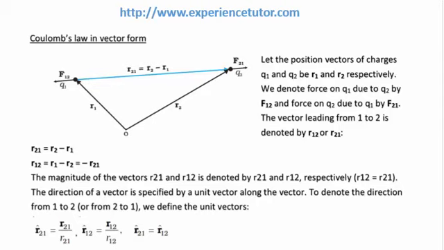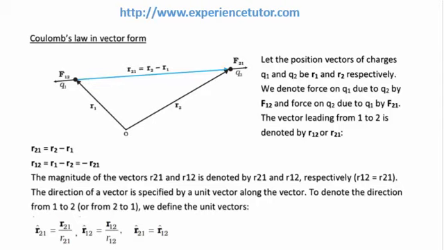Coulomb's law in vector form. Let the position vectors of charges Q1 and Q2 be r1 and r2 respectively. We denote the force on Q1 due to Q2 by F12 and the force on Q2 due to Q1 by F21.